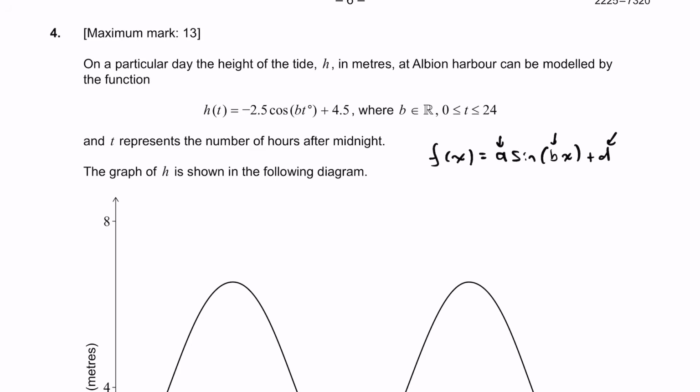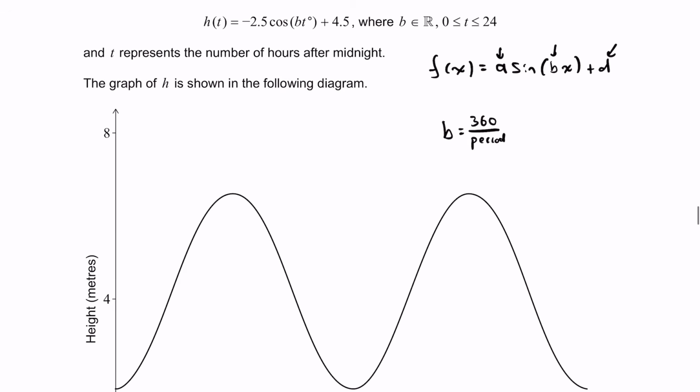B is the frequency, and b is given by 360 over the period. And the period, once again, is the time taken to complete one cycle. So one up-down cycle, how long does that take? If we can find the period, then we should be able to find b.